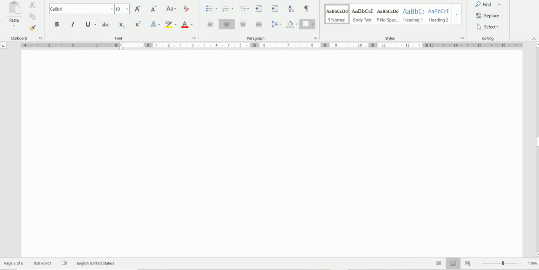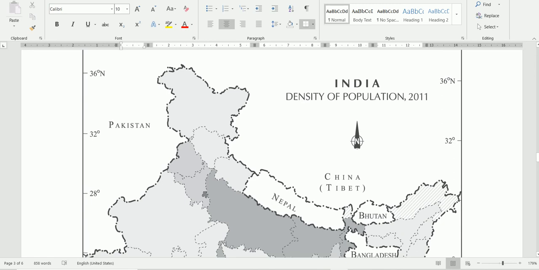So in such cases, we have to use unequal class intervals. We cannot use equal class interval, just as we discussed earlier and as mentioned in your textbook. If the range is very big, we have to use unequal class interval.